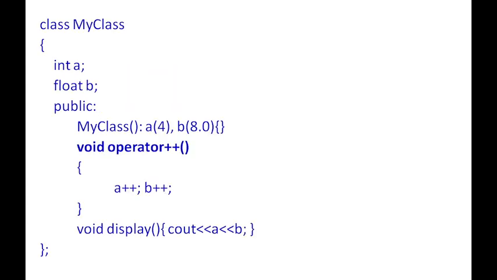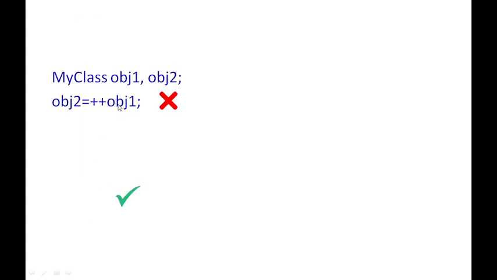So here I'm just using the same example, but now I want to assign the result to a left hand object. Even though it's a unary operator, I still can assign, like we can do for an integer variable as int a equal to plus plus b. Now what will happen is that b will be incremented by 1 and the incremented value will be assigned to a.